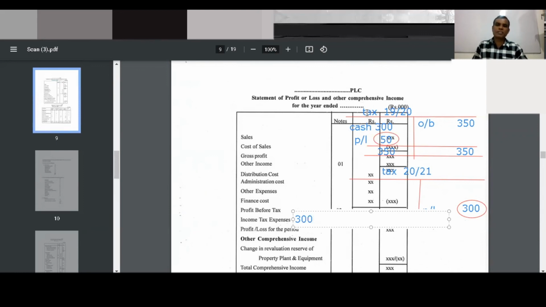Here, as far as the previous year is concerned: tax account debit, income statement credit. How much will it be? The closing balance is how much tax for the period should be, that is 250. This is how you record tax.